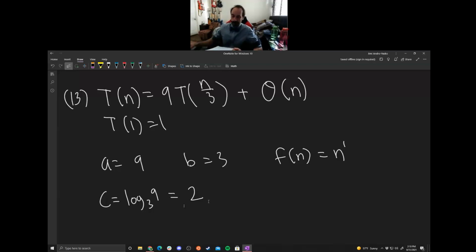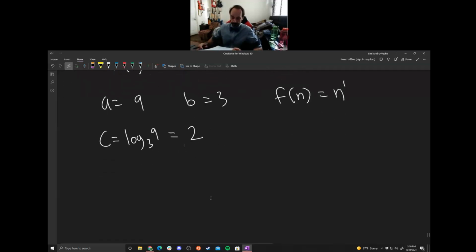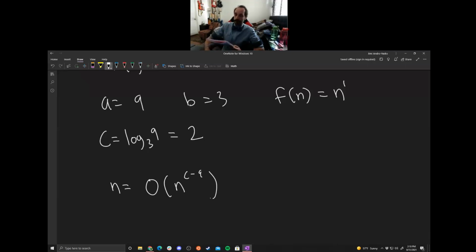Let's see case 1 for a second. For case 1, we have n equals big O of n to the power c minus epsilon. So c is going to be 2 in this case. As long as epsilon is less than 1, so epsilon could be 0.5, 0.1, all of those, it will actually work.